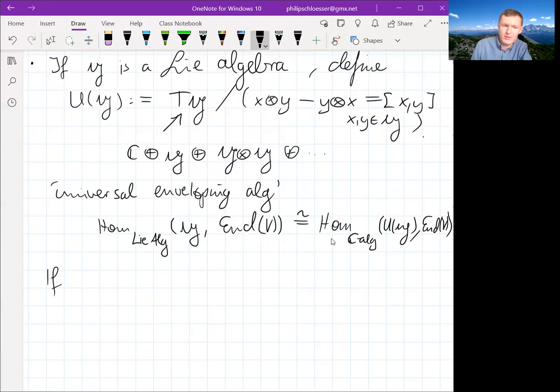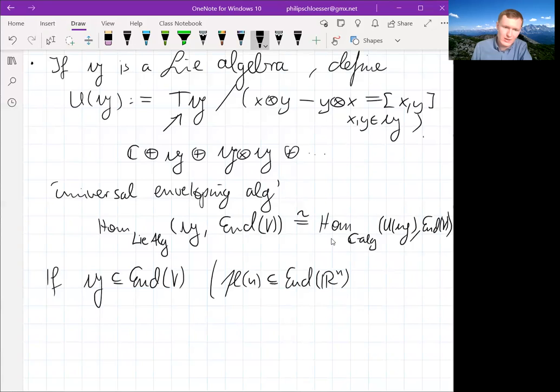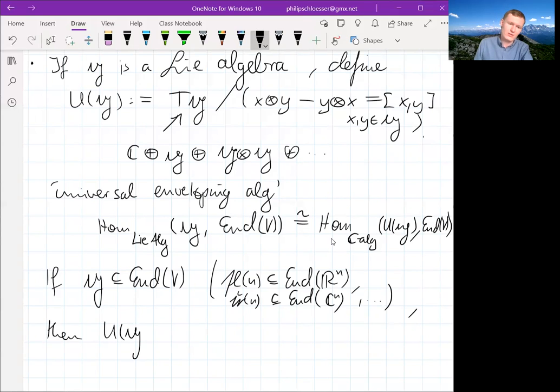So if, as is usually the norm, you have a Lie algebra that is already a subset of some matrix ring, think of the classical Lie algebras, SLN in R to the N, UN in C to the N, and so on, then UG is much bigger than just the matrix ring.